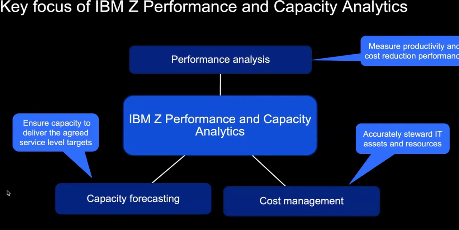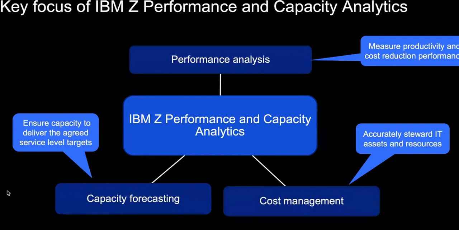However, we then want to take that so that we can look at things such as capacity forecasting to ensure the infrastructure is able to deliver the agreed service level targets in a cost-effective manner. And we're not just using this for reactive analysis, but now proactive tasks that can help the business make the right decisions. And thirdly, tying that all into cost management.